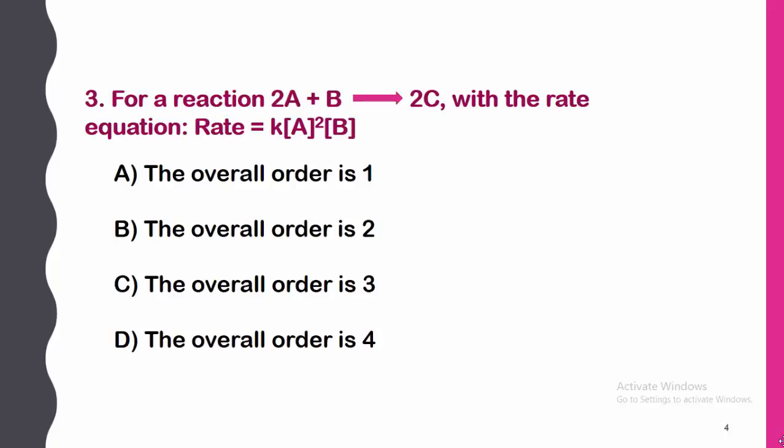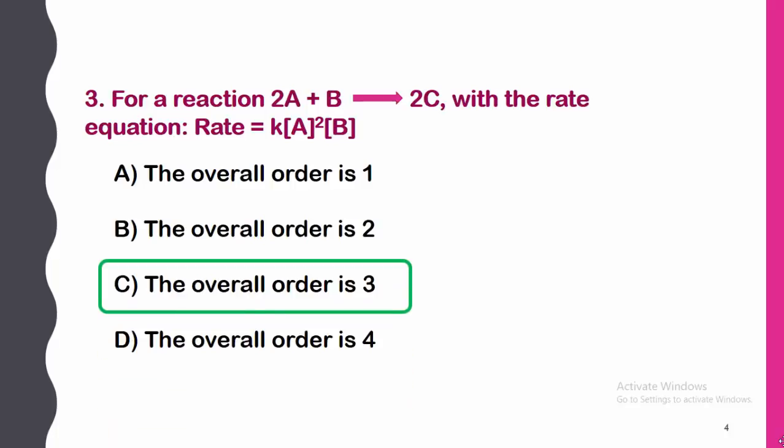Here the concentration of A has power 2, and the concentration of B has no power given, so the power is 1. We just add 2 plus 1, where the power of A concentration is 2 and the power of B concentration is 1. Therefore 2 plus 1 gives 3. Therefore the overall order is 3. That is, option C is the correct answer.